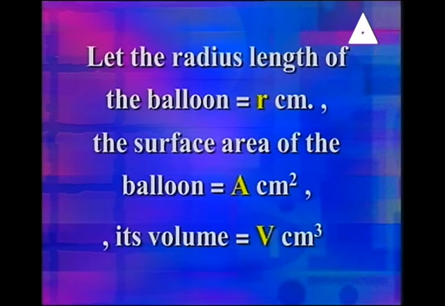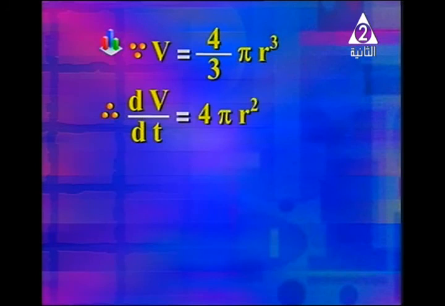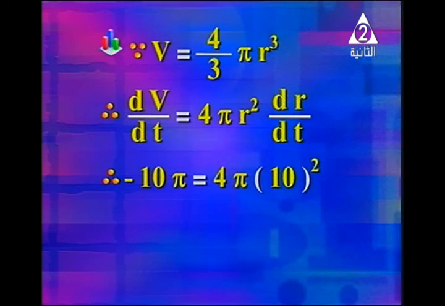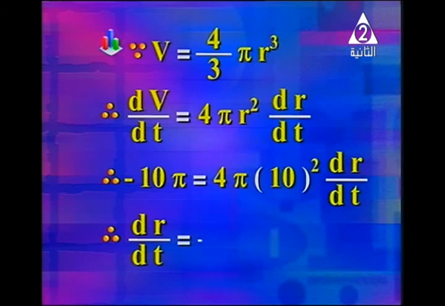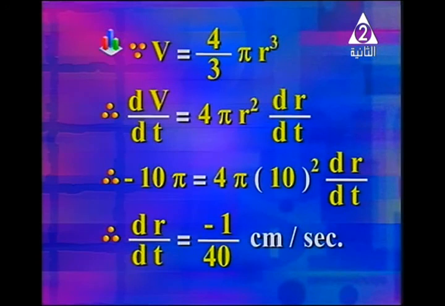The radius of the balloon is r, surface area A, volume V. Then V = 4/3 pi r^3, dV/dt = 4 pi r^2 dr/dt. Then dV/dt = -10 pi = 4 pi (10^2) dr/dt. Then dr/dt = -1/40 cm per second.